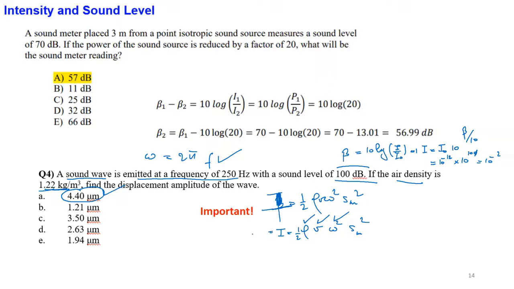So my SM will be the square root of 2 times 10 to the power minus 2 divided by rho, 1.22, divided by V, which is 343, divided by omega square, which is 2 pi 250 squared. And then you calculate.